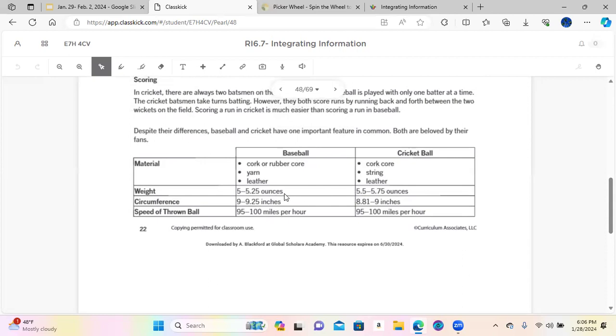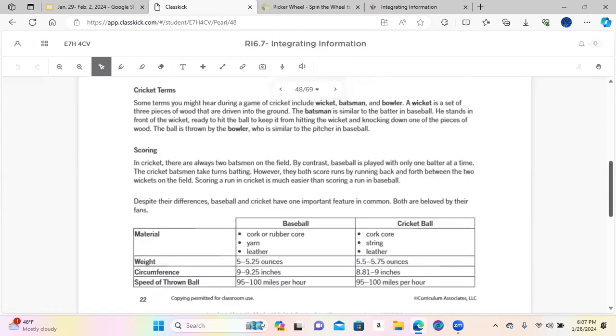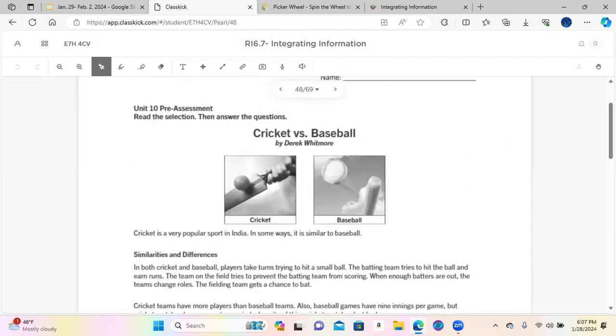The baseball is a little lighter than the cricket ball, but the baseball has a wider circumference than the cricket ball. The speed of the thrown ball is basically the same, 95 to 100 miles per hour. All right, so this helps us to have an understanding. This table and these photographs help us to have a better understanding based on how it is presented.